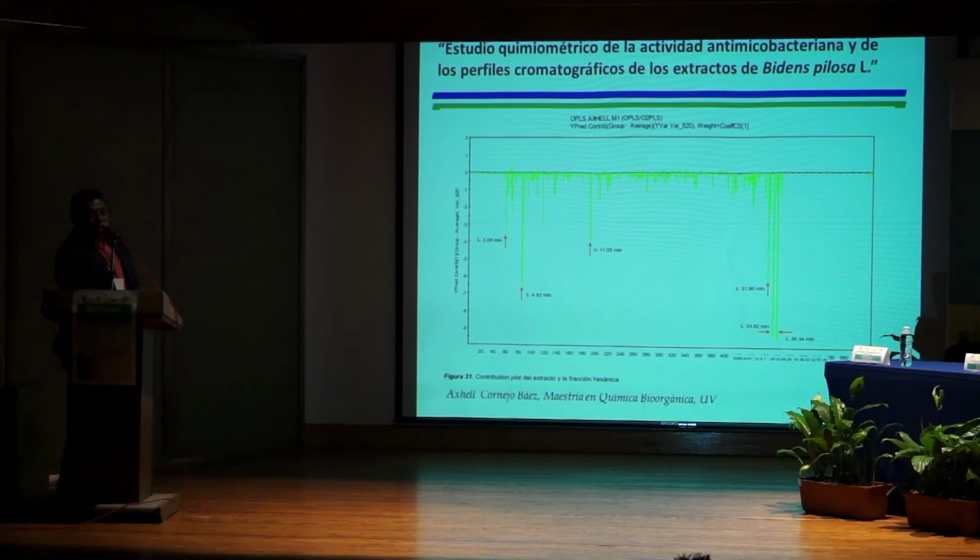Recently, we have also been studying Bidens pilosa, which has been associated with the use for tuberculosis. We know that Veracruz is one of the states in Mexico with one of the highest incidences of tuberculosis, and at the same time, the deaths associated with it are also very high in the state.